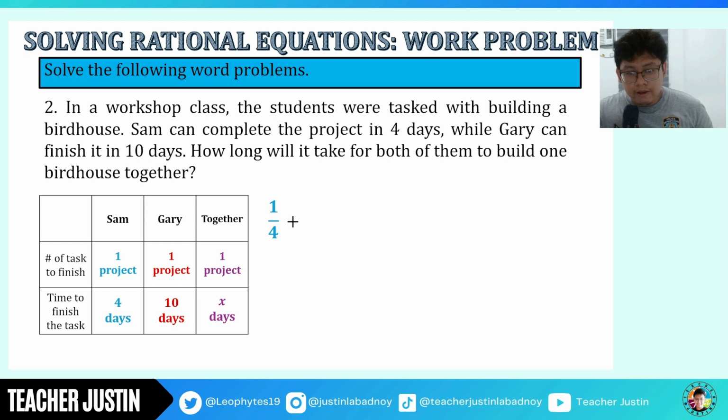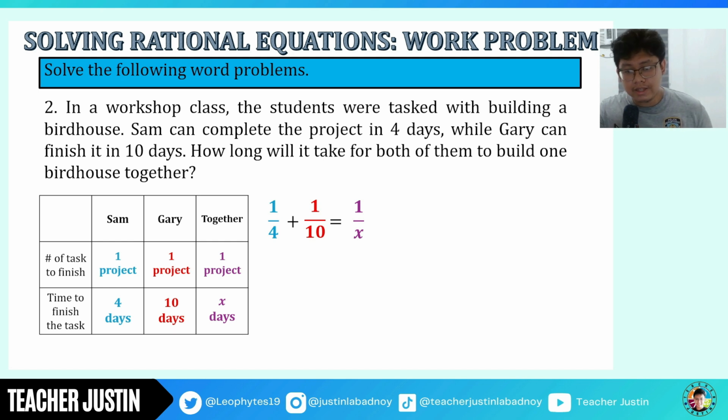Gary will have a ratio of 1/10, and it is equal to one project over x, because we don't know the number of days if they work together. So this will be our rational equation that we're going to solve.